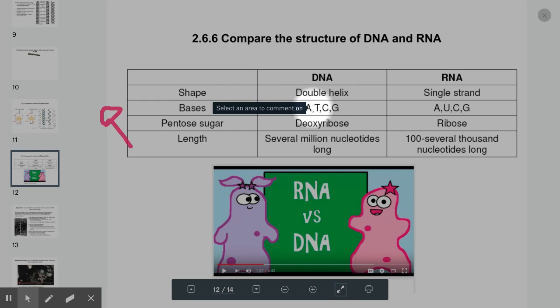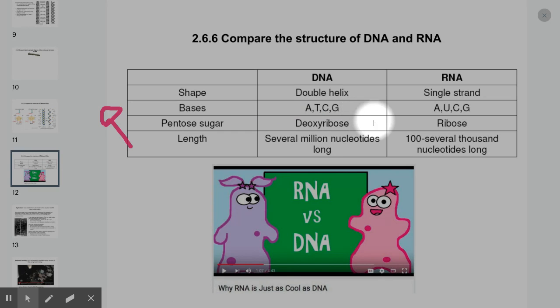I recommend doing bases that are the same, so A, C, G, and then the difference being uracil and thymine. Our sugars are different, deoxyribose and ribose, and also the lengths are different. Not always, but RNA can be quite a bit longer than DNA in more complex organisms like ourselves.